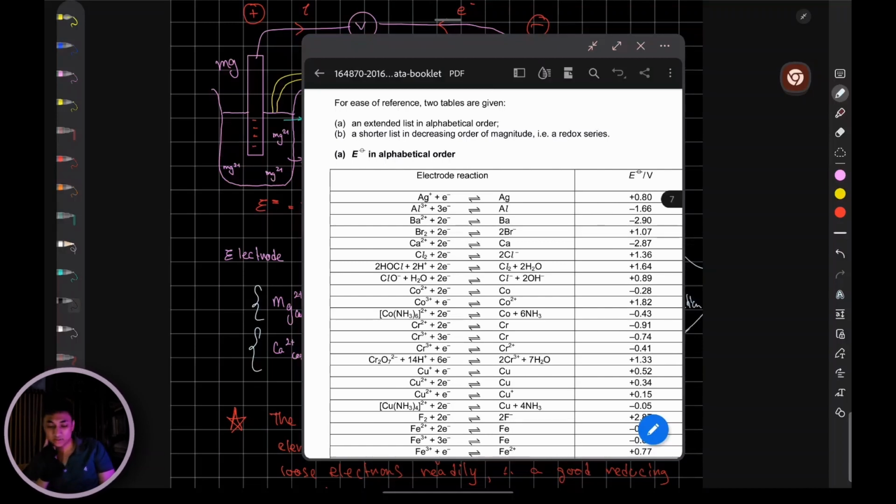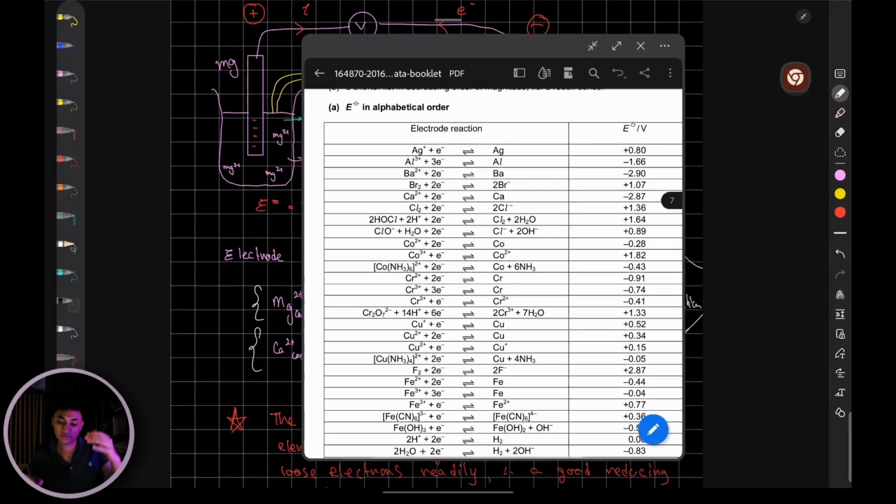Now, in this case, you can see it goes from oxidation state +1 to an oxidation state of 0, reduction taking place. In case of the second one, aluminum, you can see Al3+ gains 3 electrons to form aluminum atom. Therefore, in all of these examples, reduction is taking place.